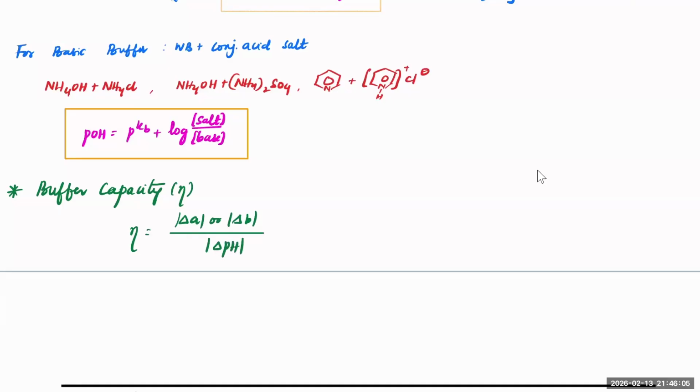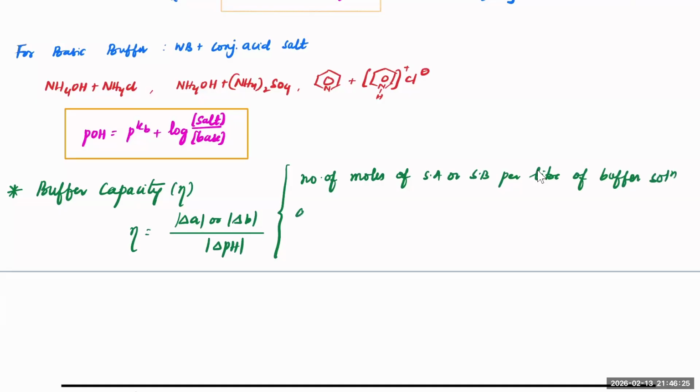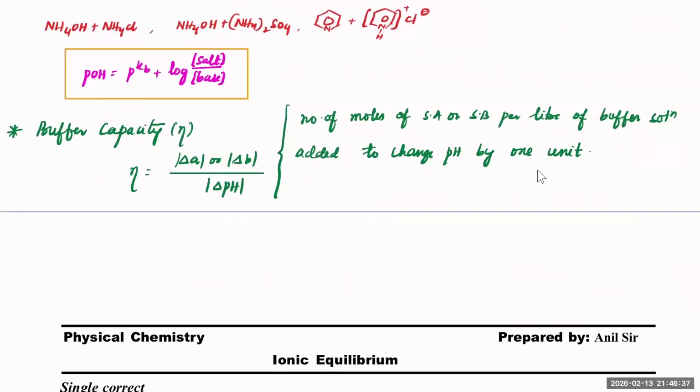That is, the number of moles of strong acid or strong base per liter of buffer solution added to change pH by 1 unit. That is called buffer capacity. Clear, everybody?